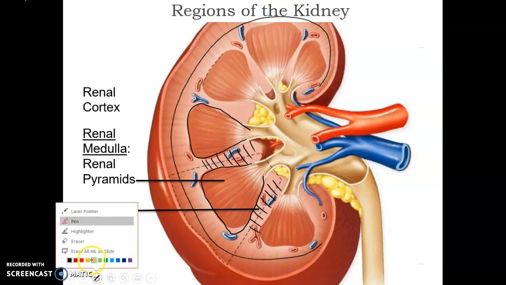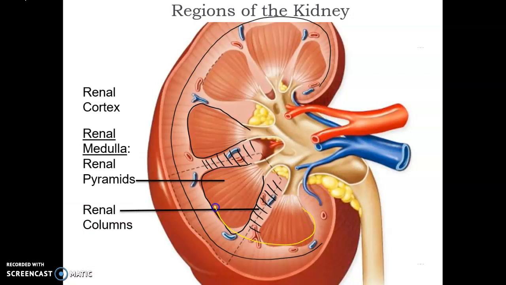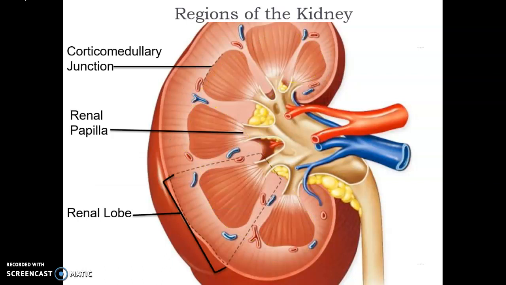Then this part is the medulla. And within the medulla, you have these structures called pyramids. And in between the pyramids, you have renal columns. A few other anatomical structures: the junction between the cortex and the medulla is called the corticomedullary junction.